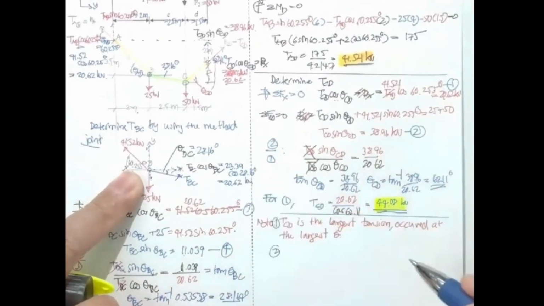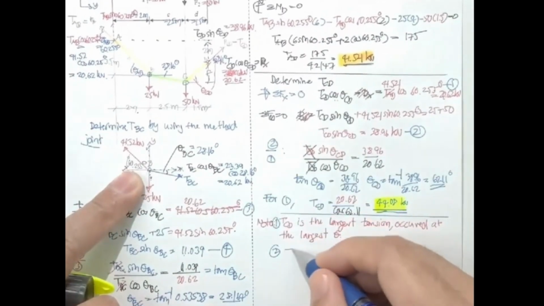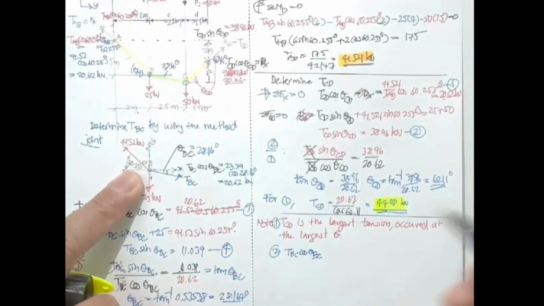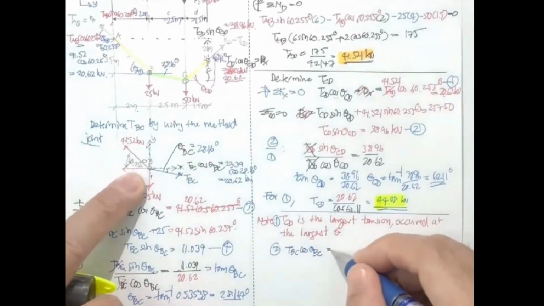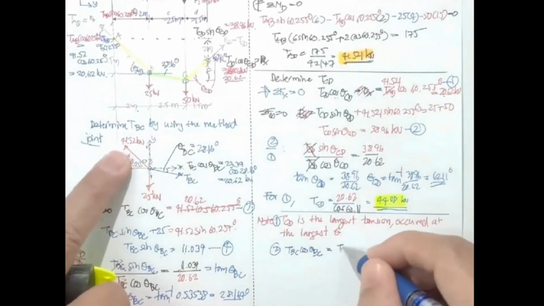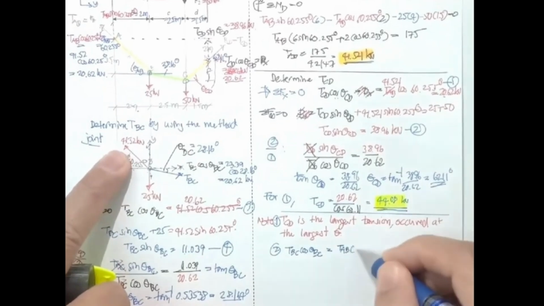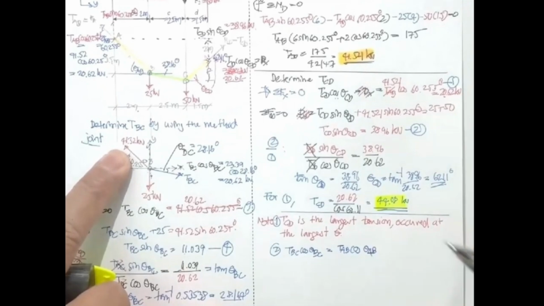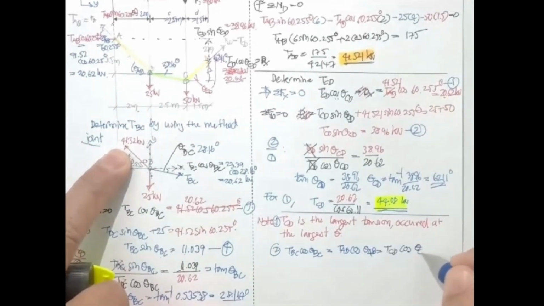Note number one. Note number two. T sub BC cos theta sub BC equal to this one, T sub AB cos theta sub AB equal to T sub CD cos theta sub CD equal to F sub H, which is a constant horizontal force. The horizontal force in cable segments is equal to a constant.